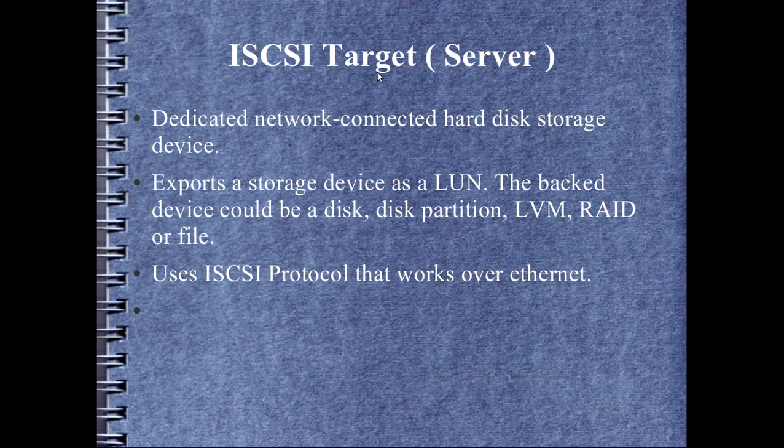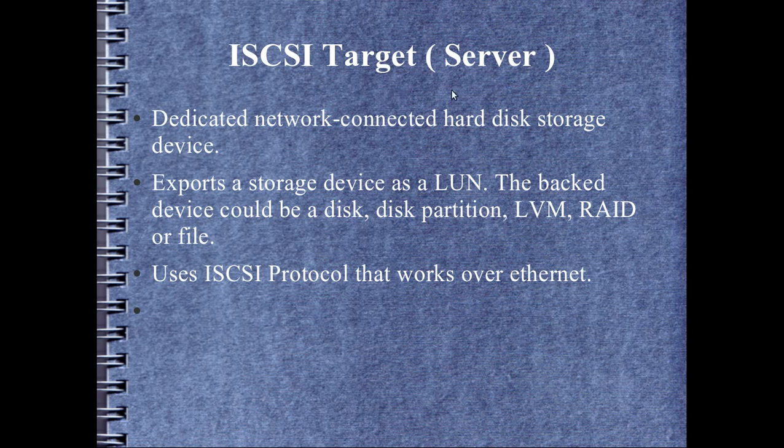What it actually does is it has multiple targets, each having a unique ID, and within each target there could be one or more LUNs attached to it, and effectively every LUN has a backed device attached to it.